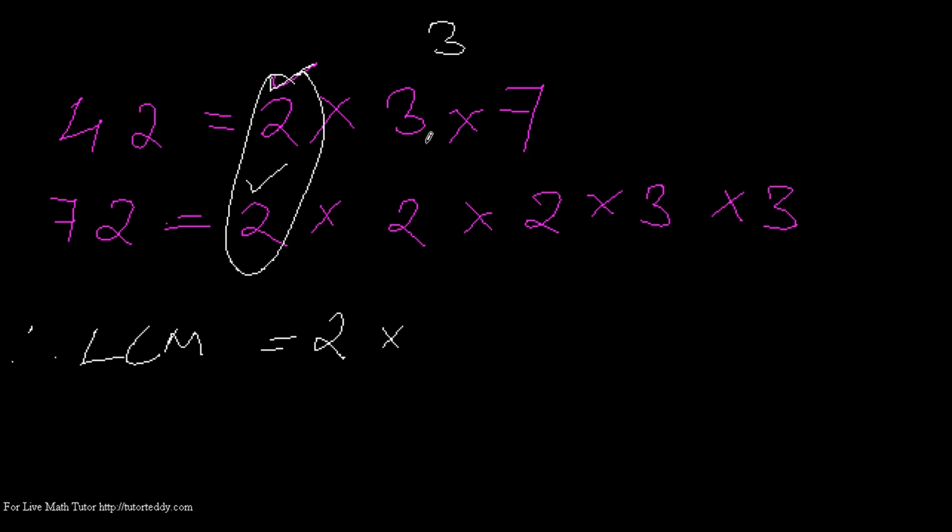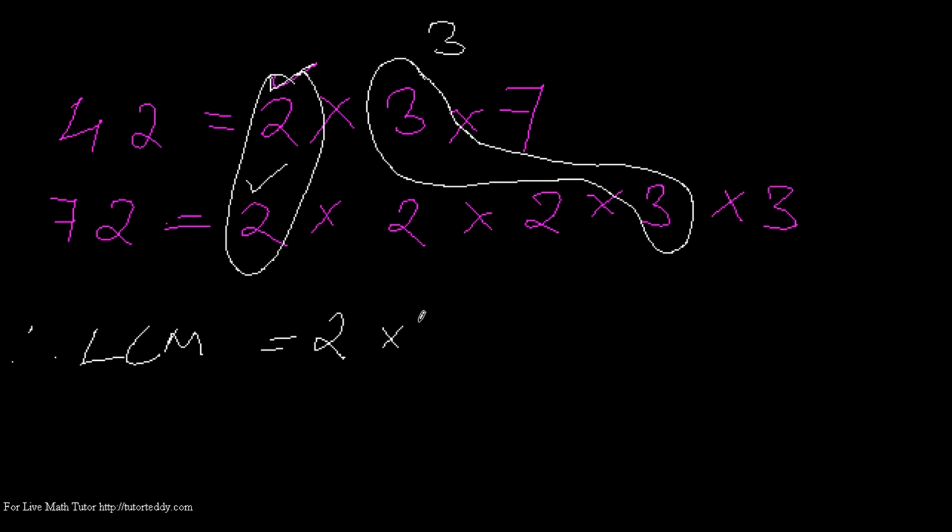Next, I don't have 2 in both places again, but I have 3 here and 3 here. So for these 3, I can take 3 here once. And then whatever remaining I have, I'll take all of them. That means from the first number I have 7. From the second number I have 2 into 2 into 3.